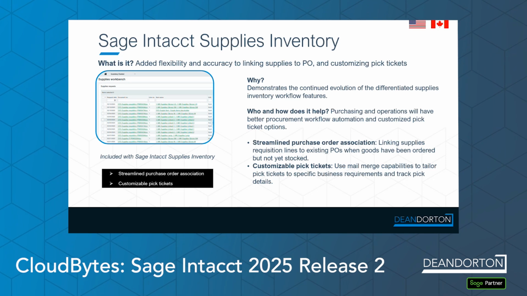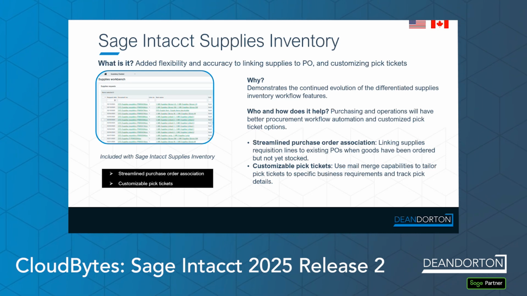You can now, however, link supplies to POs and customize your picking tickets and so forth for those supplies orders. Kind of getting to the place where a lot of this functionality between supplies inventory and regular inventory is coming together with how both of the tools work. They'll never be exactly the same because there would really be no point in that.